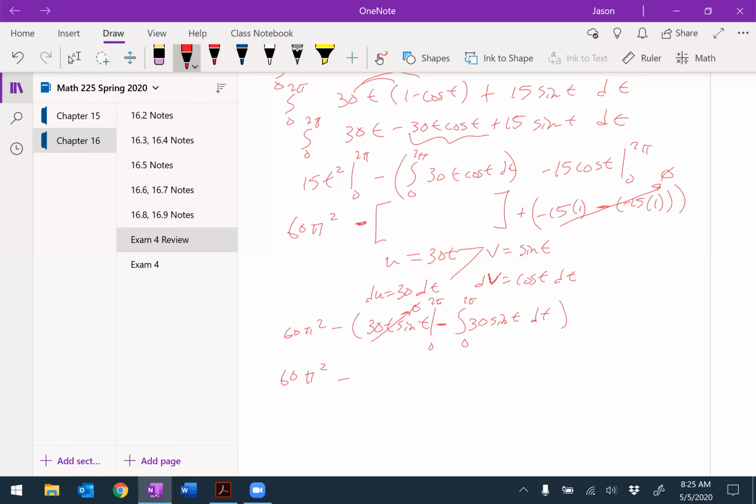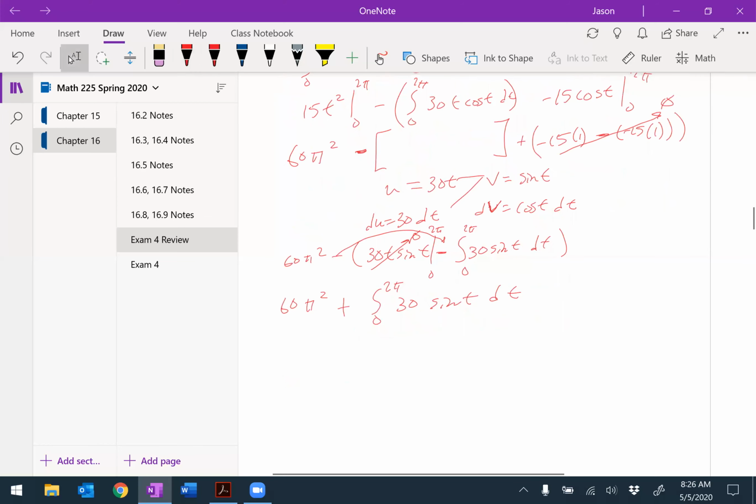A lot of nice things going to 0 there. If I plug in 2 pi, that goes to 0. If I plug in 0, it goes to 0. That's kind of nice. So I've got a minus, and if I distribute the negative sign here, that's plus the integral from 0 to 2 pi of 30 sine t dt.